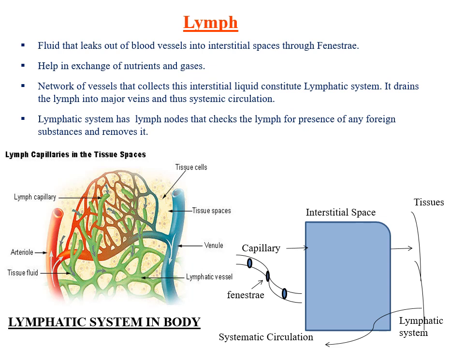The network of vessels that collect this interstitial liquid constitutes the lymphatic system. The lymphatic system is thus composed of lymphatic vessels, right? The lymphatic system thus drains the lymph into the major veins for systemic circulation.